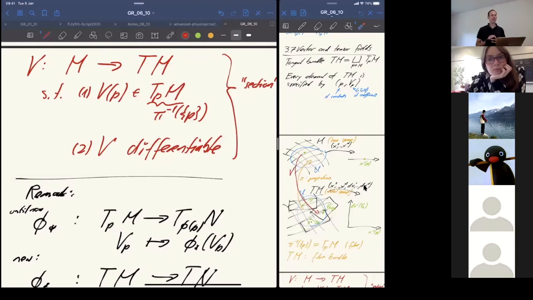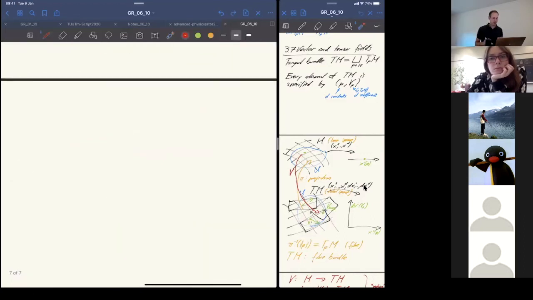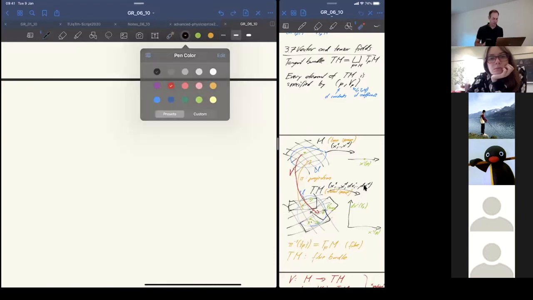It's the more general thing: the name given to any map of that type. It doesn't need to be into tangent spaces, but a map which satisfies essentially these properties in the more general case where this is not necessarily T_P M, but some arbitrary fiber. So in the context of fibers and fiber bundles, a vector field is called a section on this level of generality. I will not usually use that term, but I think it's useful to be aware of it.